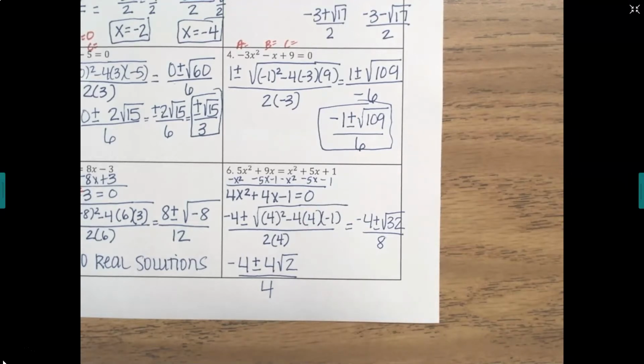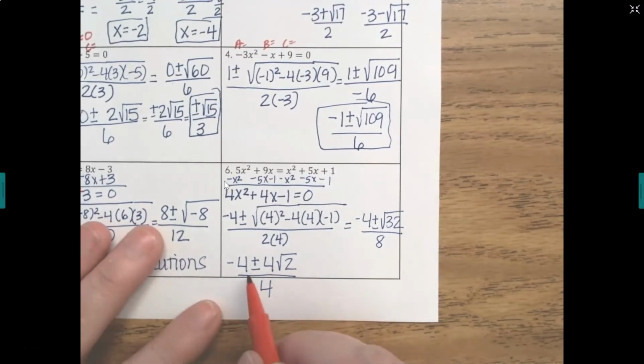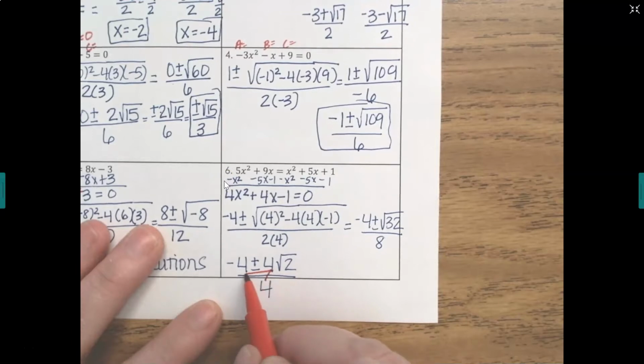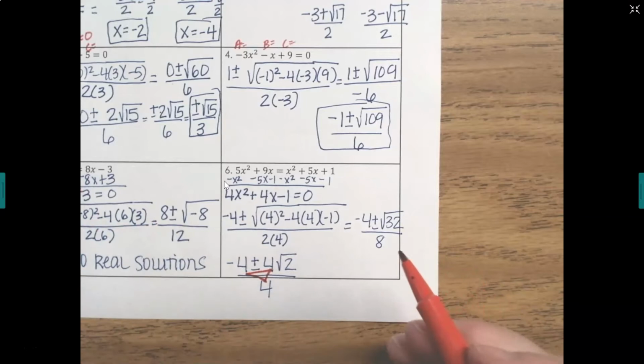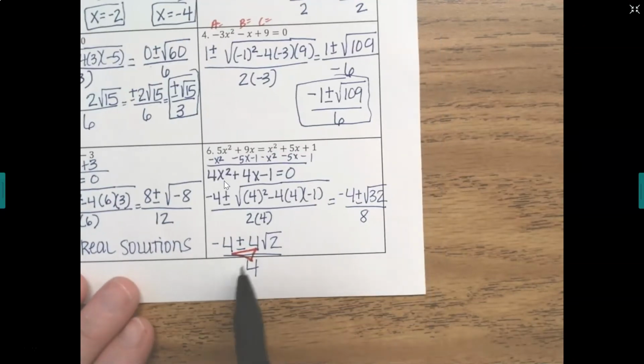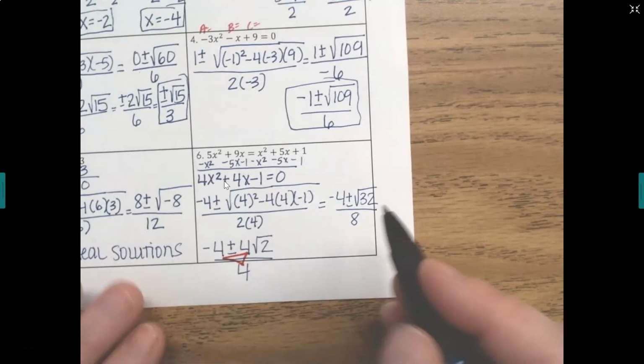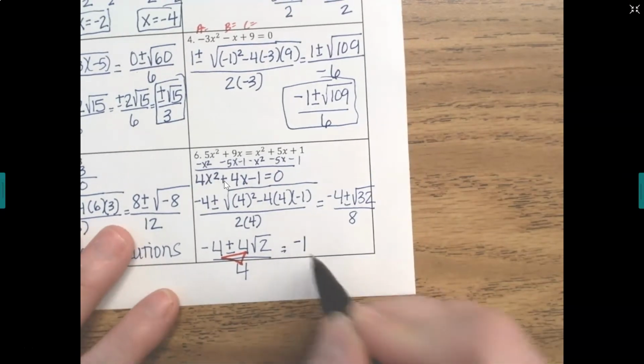Now, the one thing you really have to check is you want to check these three numbers right here. If they can be divided by the same number, well, then we should go ahead and simplify. If they can't all be divided, then we're just going to leave it as it is. But these are all divisible by 4. So if I divide -4 by 4, I get a -1.